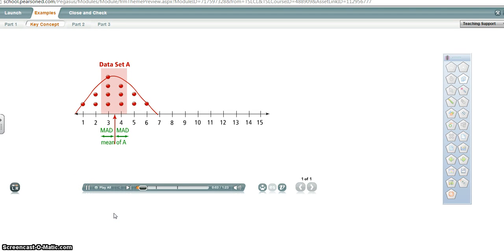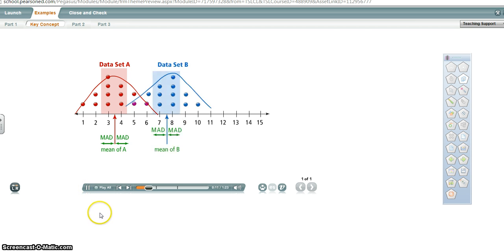Suppose you have a data set A with mean x and mean absolute deviation m. Suppose you also have data set B with mean y and mean absolute deviation m.